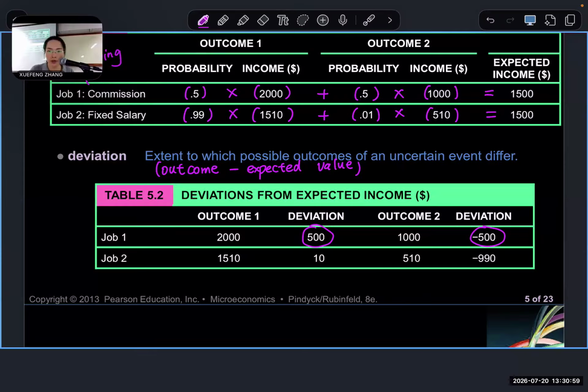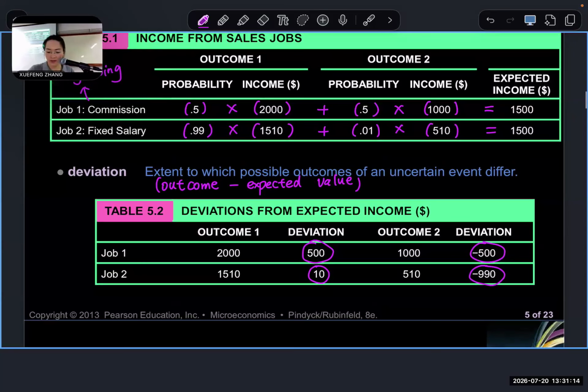And job 2 deviates by positive 10 to negative 990. So which one is risky? The first one, right?